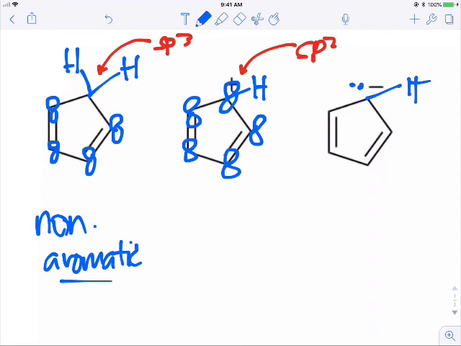However, even though we've got this fully conjugated system being sp2, how many pi electrons are there? There's only the 2 double bonds. We don't have any electrons to put into that last p orbital. It's a cation, so it's missing an octet. So we only have 4 pi electrons, which means that it's anti-aromatic.